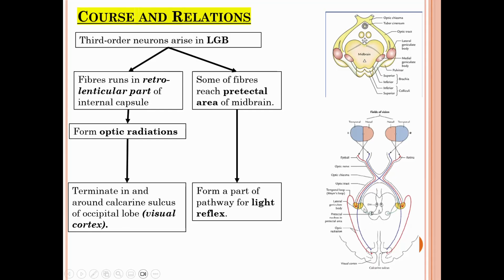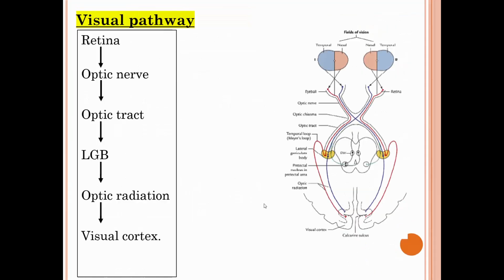Some of the fibers here, you can see they reach to the pretectal area of the midbrain, and they form part of pathway for the light reflex. So that is the course and relation.